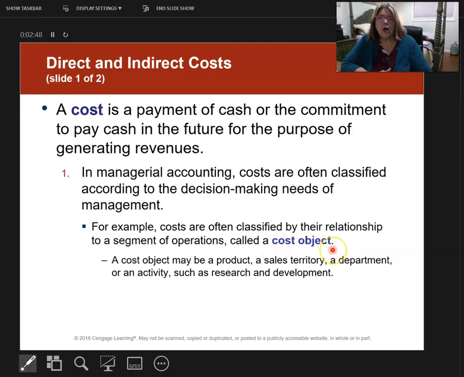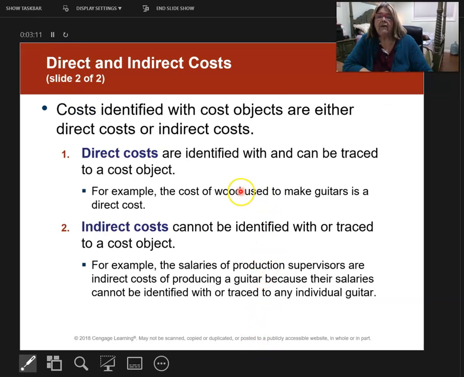A cost object, keyword, is anything that could be a product, a territory, a department or an activity. So a cost object is something that's going to have some sort of relationship to some segment of operations. Now, we have direct cost and indirect cost.